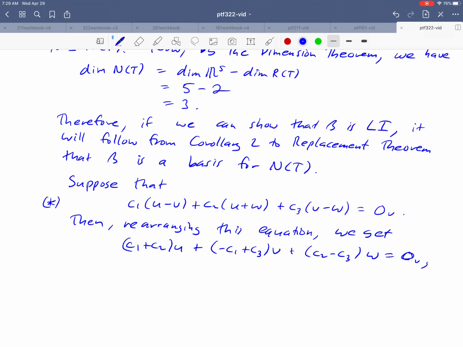The key is we know something about these three vectors, U, V, and W. We were given in the problem that those vectors are linearly independent. So what does that mean? Since this is a linear combination of U, V, and W, the three scalars that I'm underlining all have to be 0. Let's see, what did we call that set?